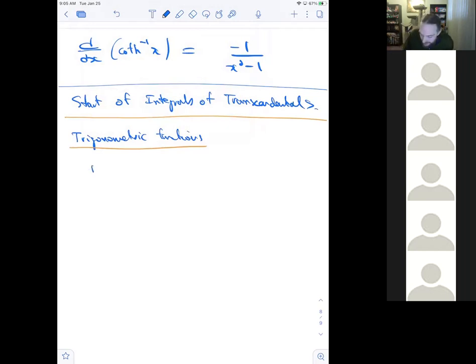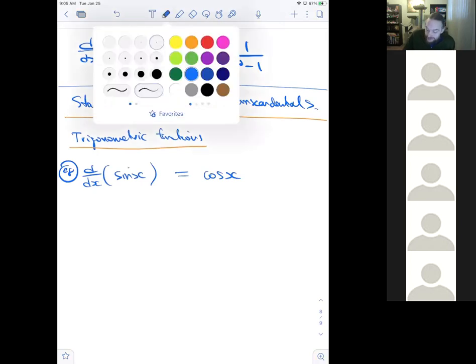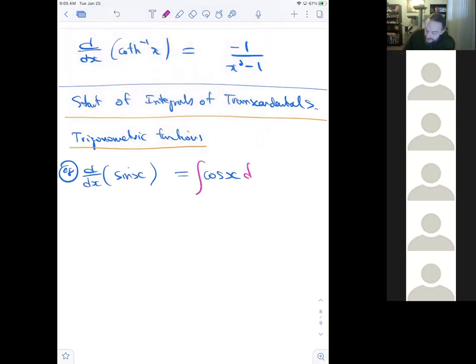We know that the derivative with respect to x of sine x is equal to cos x. Therefore, if I integrate both sides, integral and derivative are inverse operators of each other. So when they touch, they cancel. There's a cancellation law.